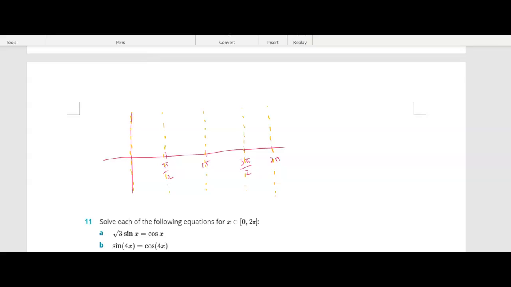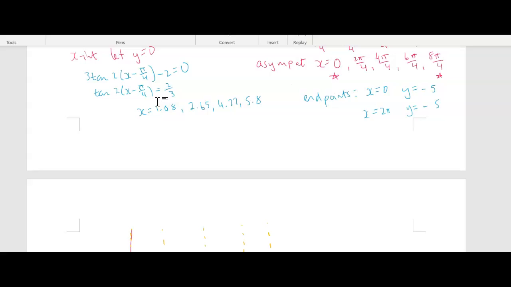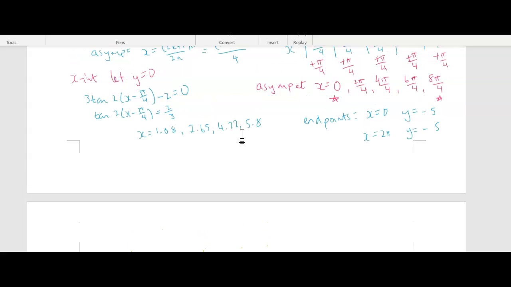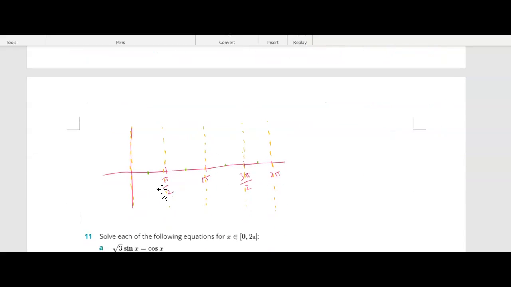Now, remember your typical tan graph will cross at the halfway point. Even if we didn't know what the exact values of our x-intercepts were, so let's say we couldn't use the calculator and realize that they were 1.08, etc. This graph is shifted down, so that means crossing this x-axis, this point is, I might do it in blue.